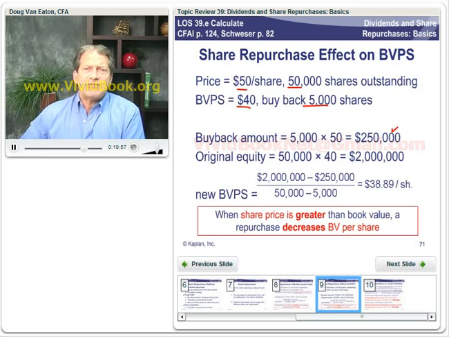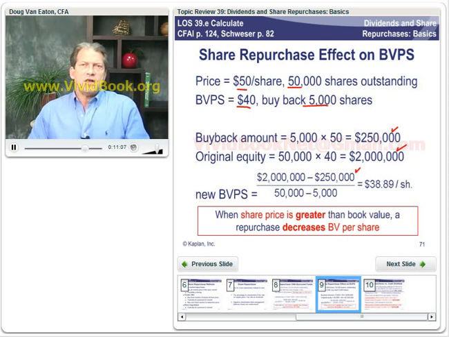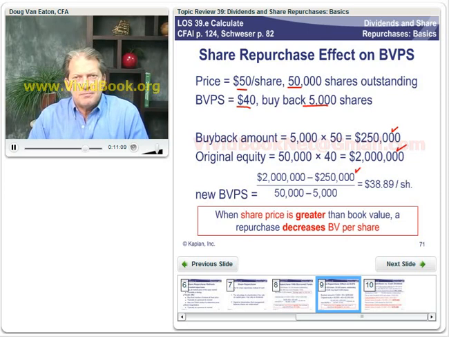But after the share repurchase, our equity falls. We're assuming we're using our cash here. I guess we could do it with borrowed money too. Either way is going to decrease our equity. So our equity decreases by $250,000. Our share base decreases by 5,000. And we get $38.89 a share. So our book value per share has fallen.